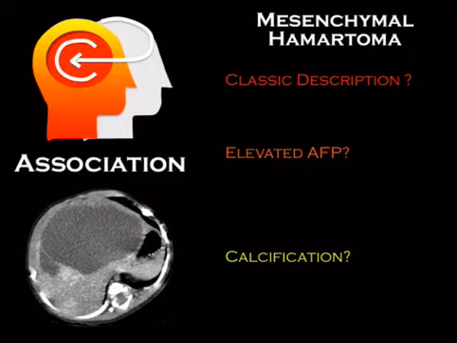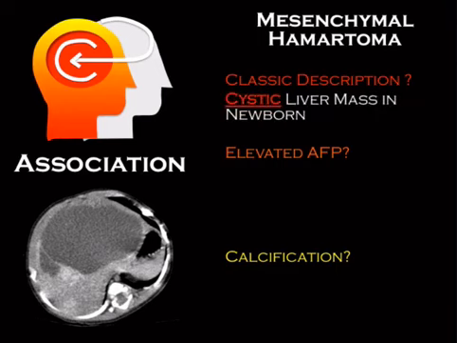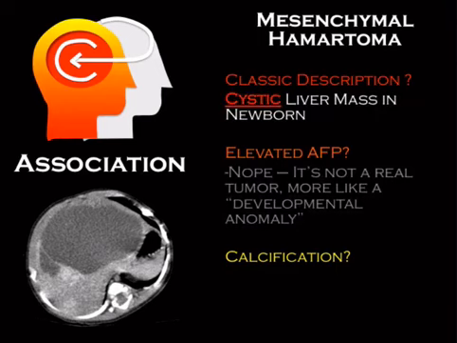So mesenchymal hamartoma, this is another tumor that I described as occurring below the age of 1 traditionally, and I said that it's more cystic, right? So that's a classic descriptor, cystic mass in a newborn, less than 1 year old. Is AFP elevated? Nope. Reason is because it's not a real tumor, it's a hamartoma. Some people even call it a developmental anomaly.